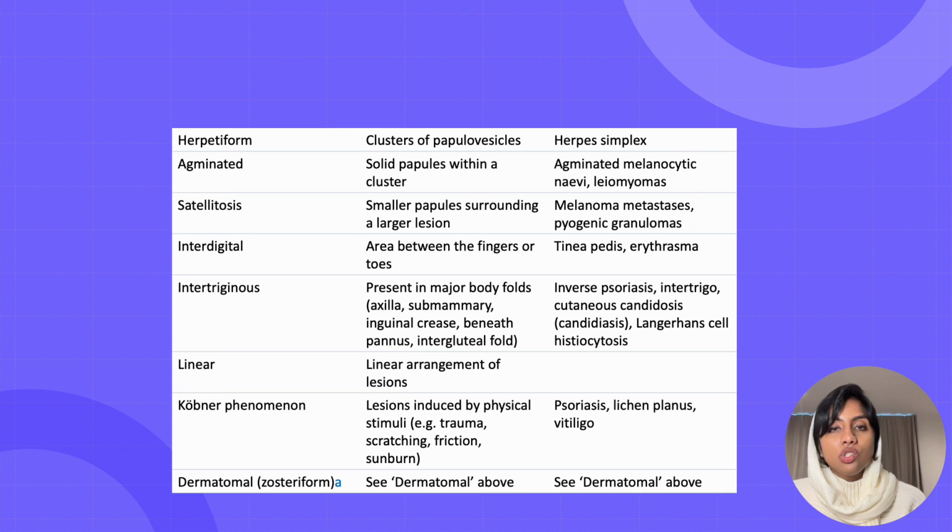It can be interdigital, or intertriginous, which means between the folds of the skin, like the axilla or the abdominal folds. It can be linear. There can be a dermatomal distribution that we already mentioned. These are the different topographical distributions which you need to know in order to identify a diagnosis. I'm not going into detail. This is something that you can pause, read about, and learn more.